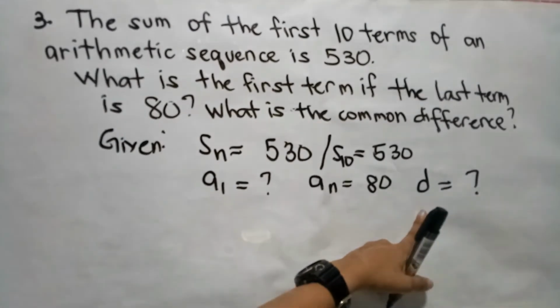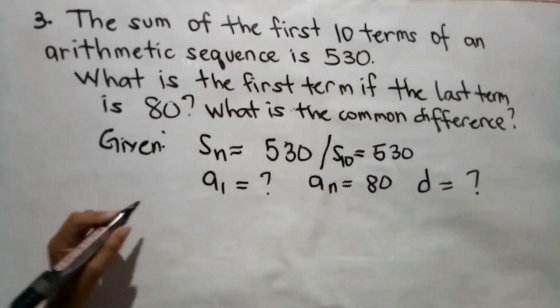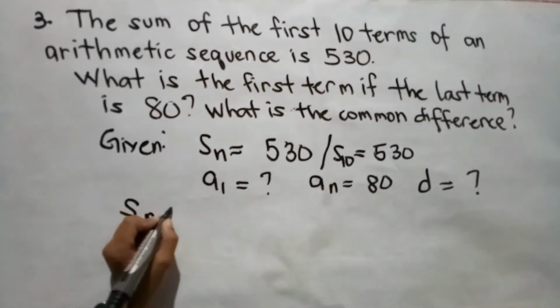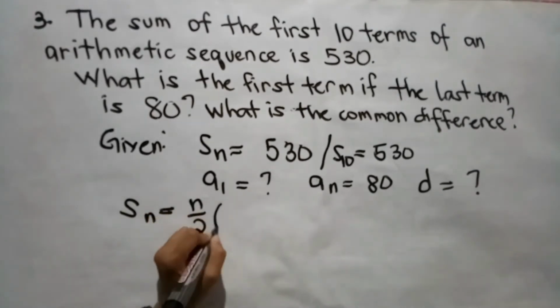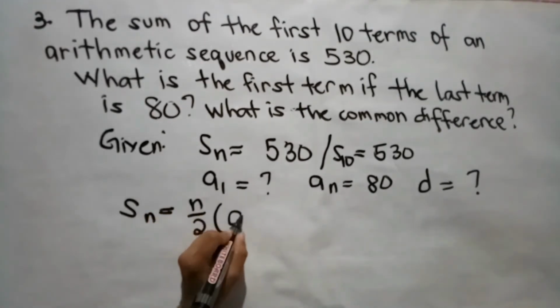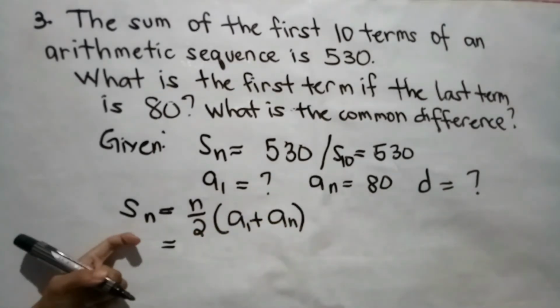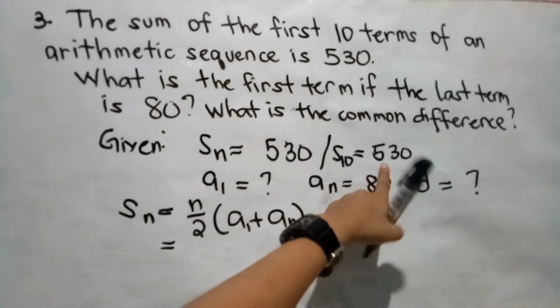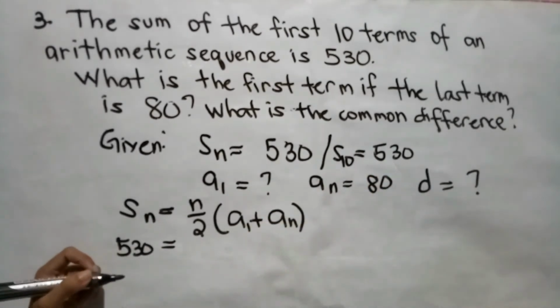The first formula. Since we have the last term, we can use the first formula, which is S sub n is equal to n divided by 2 multiplied by A sub 1 plus A sub n. So what is S sub n? It is 530, the sum of the terms.